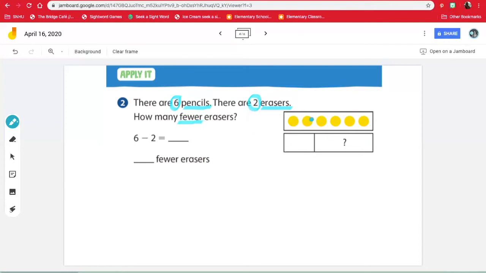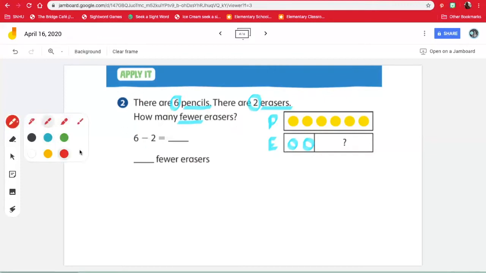So we have 6 yellow circles to represent pencils. I'm going to draw a P so I remember that it's pencils. So our erasers need to go here. So we have an E for an eraser. And how many erasers do we have? 2. 1, 2. So now we have an equation, 6 take away 2.